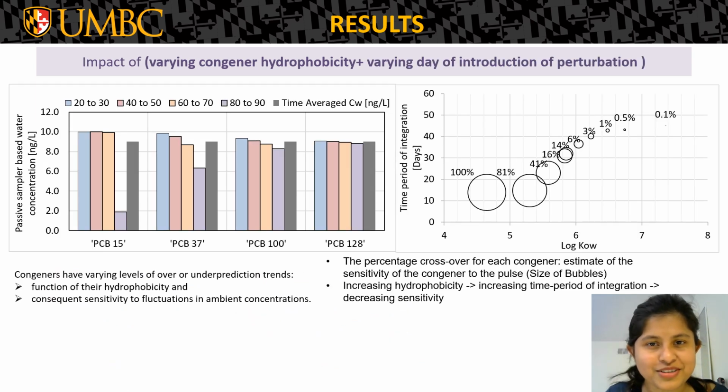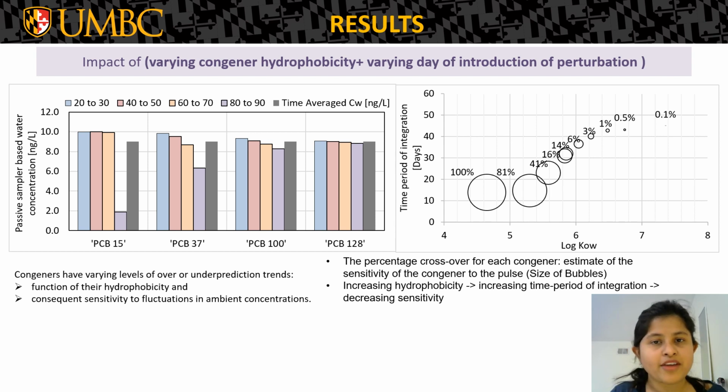So we wanted to look at our observations more concisely and do a quantitative measure of it. So we looked at the impact of both these variables of congener hydrophobicity and the starting day of the pulse on the uptake kinetics.